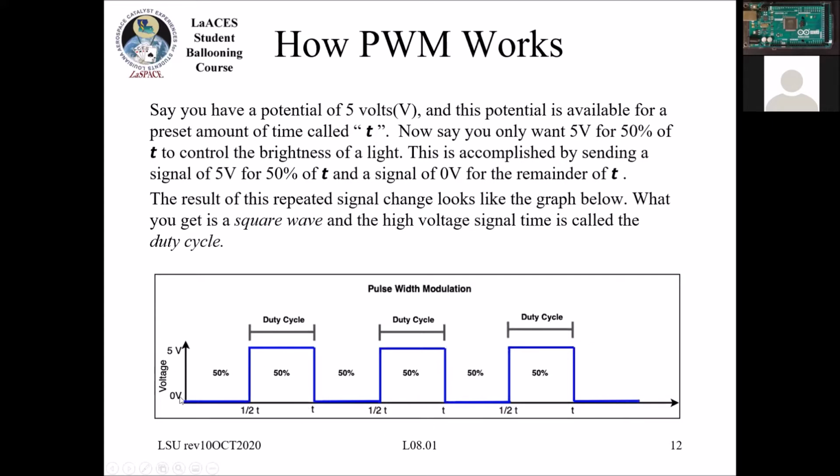In this case, we're calling that T. What you then do is have it on for a certain percentage of that total T. So in this case, it's at 50%, and we call the time that it's on the duty cycle. But there's no reason I have to keep this at 50%. I can vary this anywhere between 0 and 100.